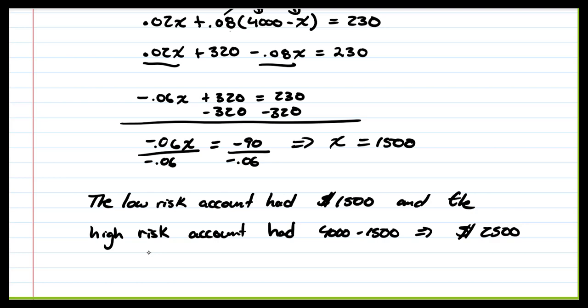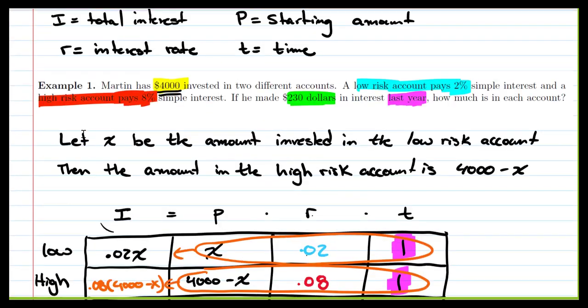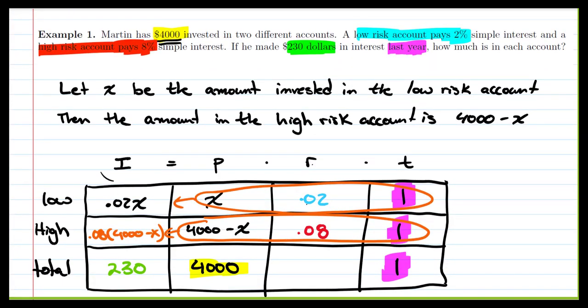In general, for these types of problems, the most difficult aspect is actually setting up the equation. Once we get the equation, it's pretty straightforward from there. So let's recap what happened here. I'm a big fan of these tables, and we'll use it again in the next example. I like making tables to help me organize my data and come up with the equations.